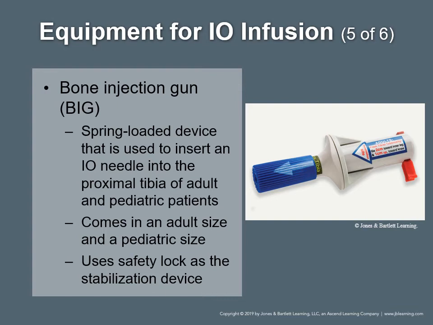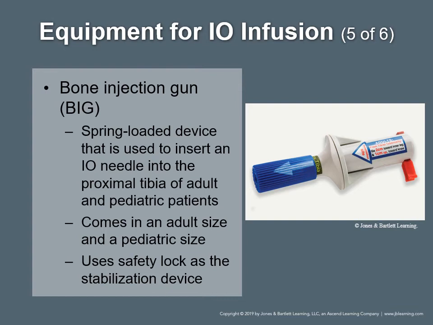Okay. Bone injection gun, or BIG. That's the one they use to shoot the stud in the closet. It is a spring-loaded device used to insert an IO needle into the proximal tibia of an adult or pediatric patient. It comes in an adult size and a pediatric size.